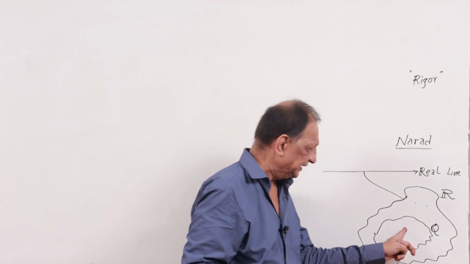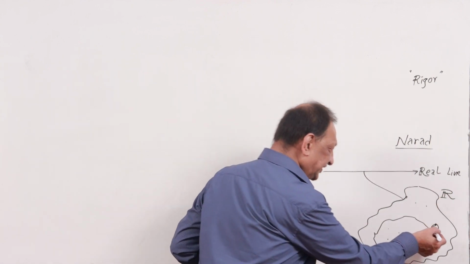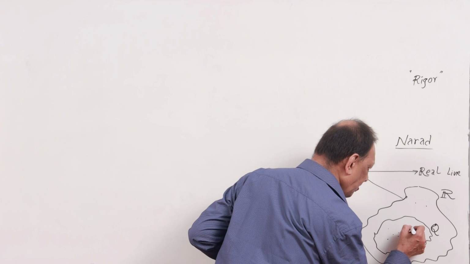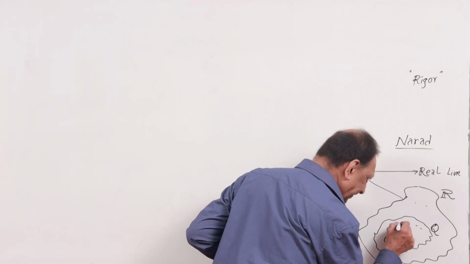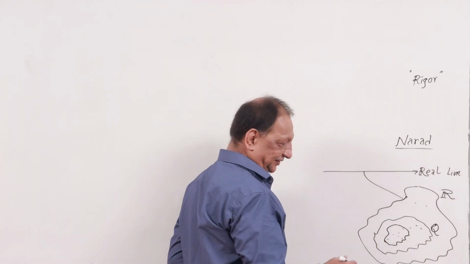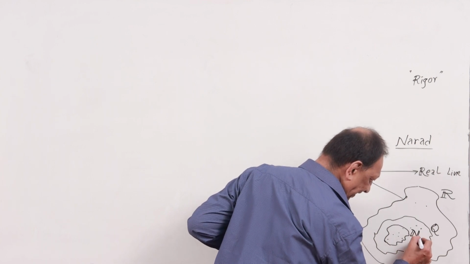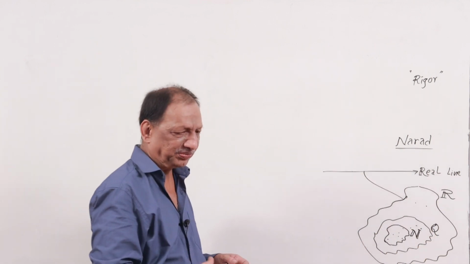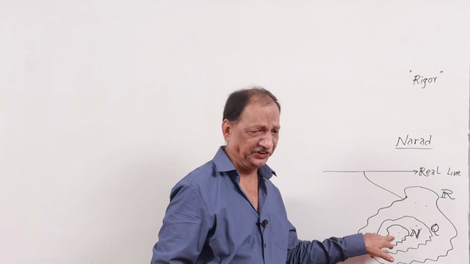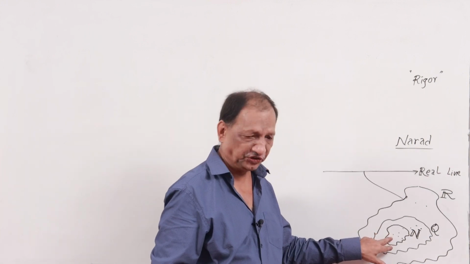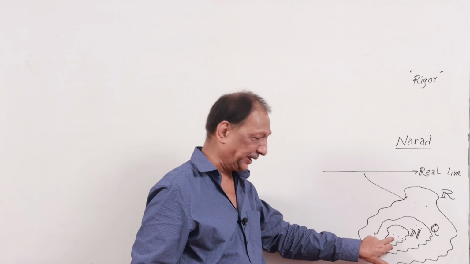Rational numbers is a subset of real numbers. And within rational numbers, there is one more infinite set, the capital N, stylized N, natural numbers. Natural numbers is 1, 2, 3, 4, up to infinity. Infinite number of them are there.